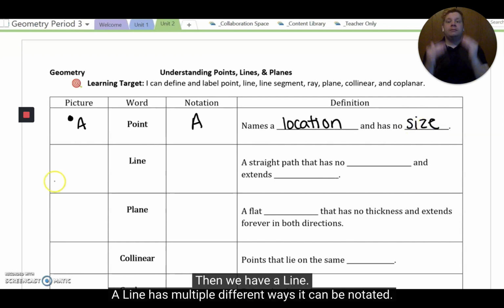Then we have a line. A line has multiple different ways it can be notated.